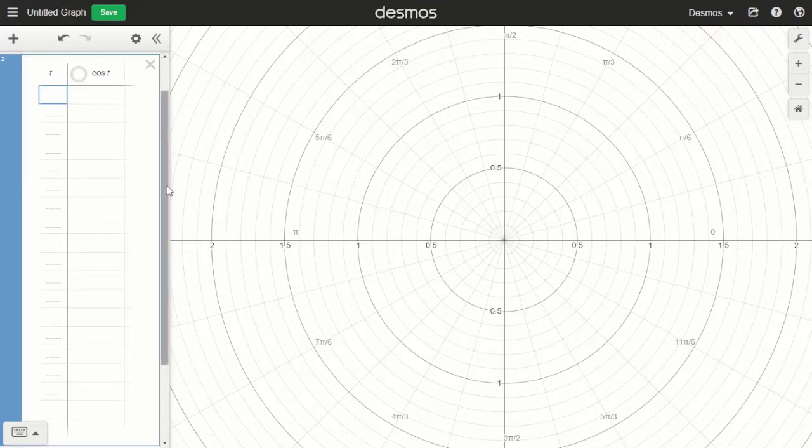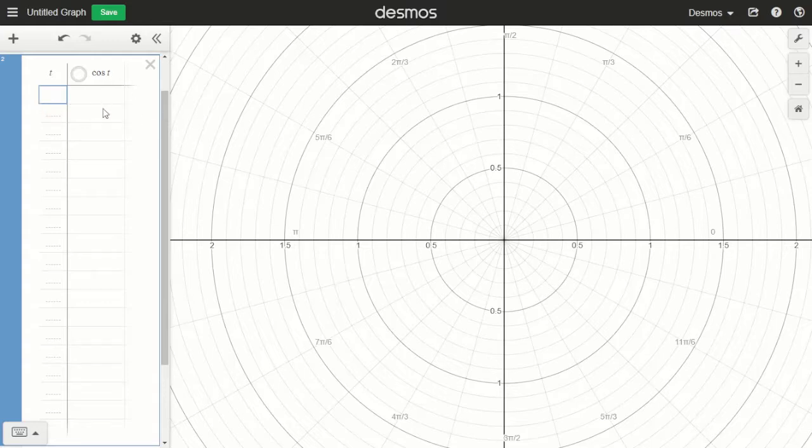Just like I explained earlier in the lecture, a limitation with Desmos is that Desmos won't recognize theta, because Desmos reserves theta for other purposes, and the same with R over here. So we cannot use theta and R here.